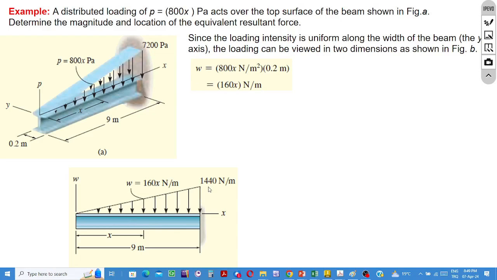At this point, the end of the beam, it has been fixedly connected to a fixed frame, and the load curve reaches its maximum value. 160, substitute the value of x, which is 9. 9 times 160, the value is 1440 newtons per meter.